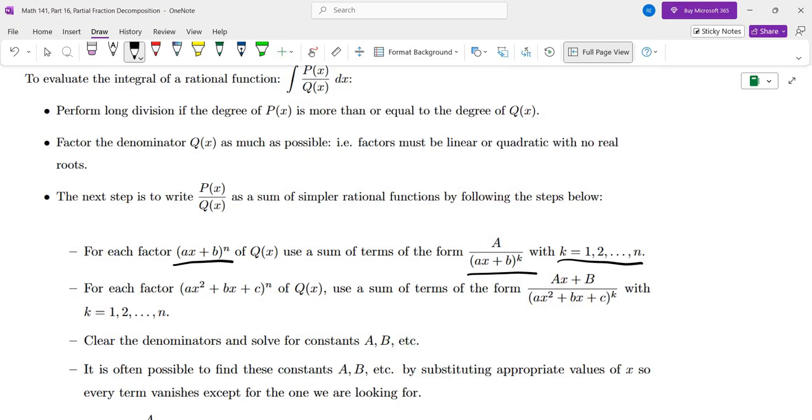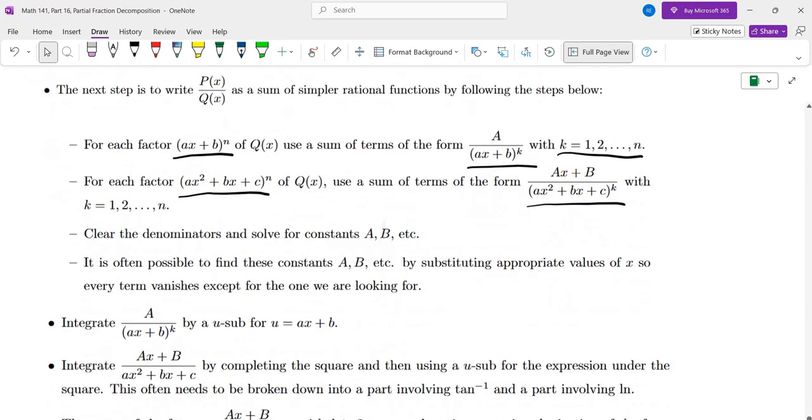For each of the terms of the form ax squared plus bx plus c to the power of n, you use a similar term, except that in the numerator you would have ax plus b. And in the denominator you have the quadratic to the power of k. K ranges from 1 through n, similar to the previous case.